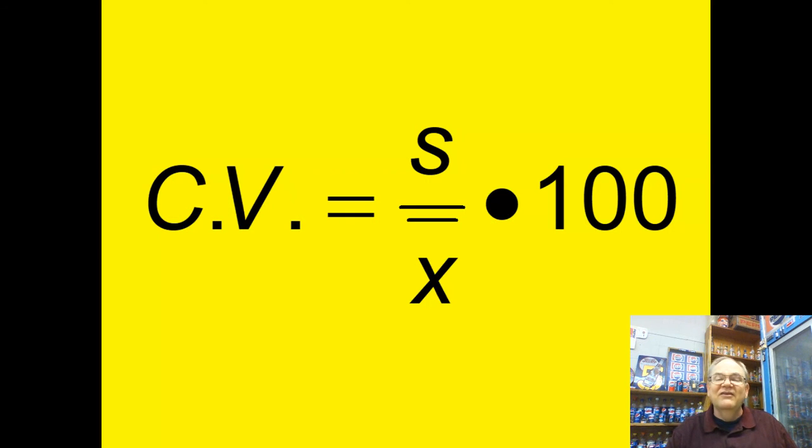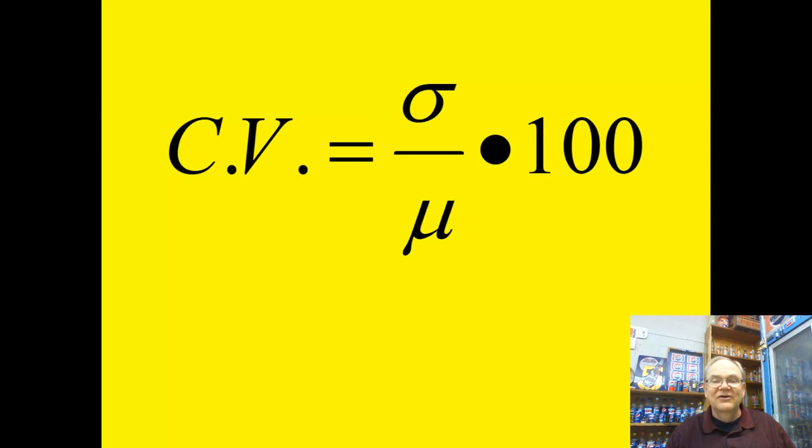On the next couple of screens, I've got two different formulas that are basically just saying the same thing two different ways. Here it says I find the coefficient of variation by taking S over x bar times 100. Here it says that I take sigma over mu times 100. Well, both of those are really telling you the exact same thing.